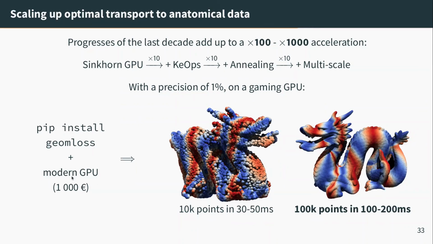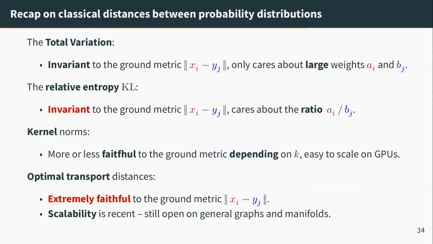With a modern GPU, you can handle point clouds with 10,000 points in 50 milliseconds and 100,000 points in a fraction of a second. So optimal transport, which was a bit of a dream 10 years ago, is now completely on the shelf for people. And that's because the whole community has worked a lot to achieve this.